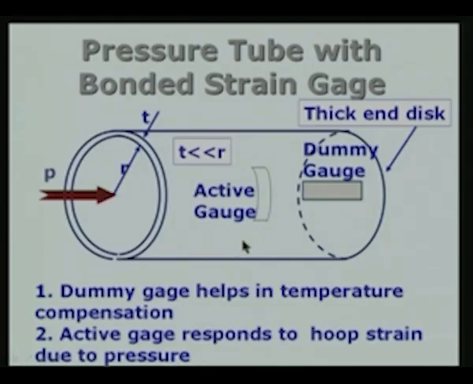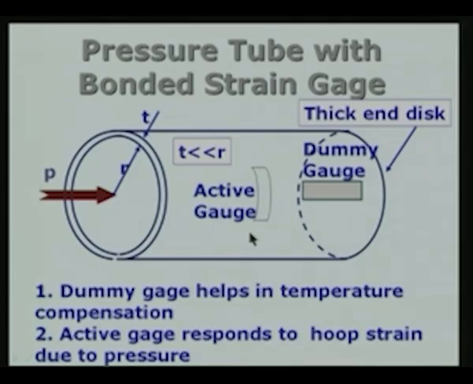But the resistance will also change if the temperature of the system changes. For example, if the instrument is located in a laboratory space and the temperature in the laboratory fluctuates during the daytime, the active gauge is going to indicate a change in resistance even when there is no stress, because the temperature has changed, and because of temperature there is expansion.